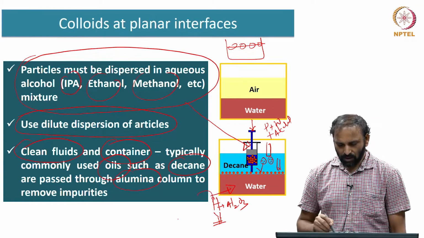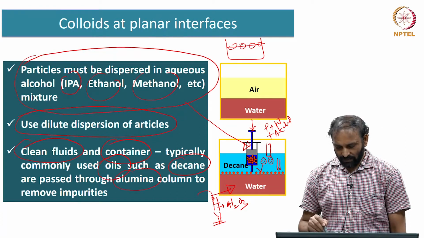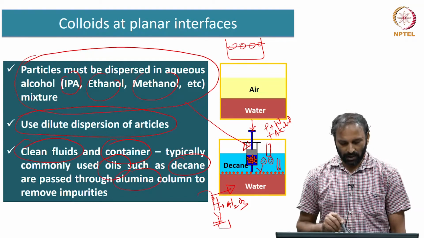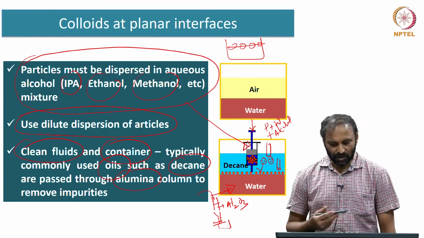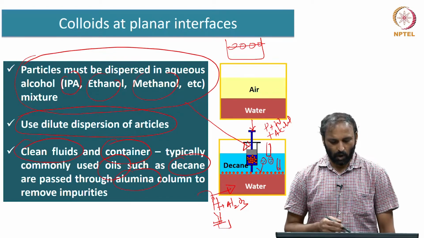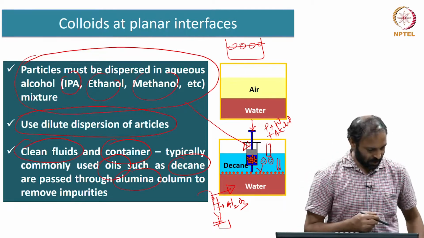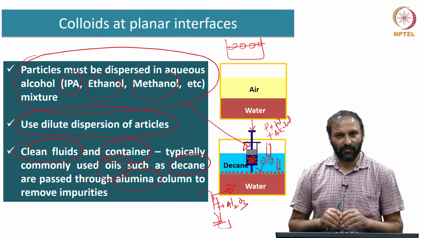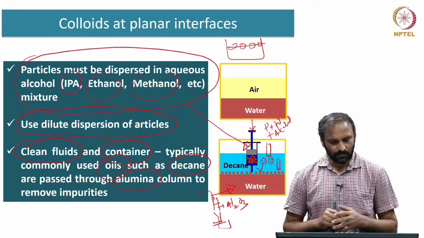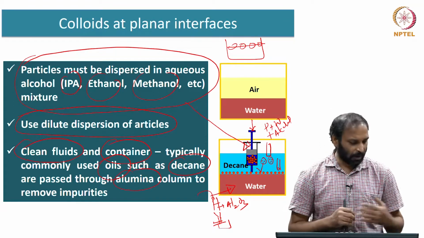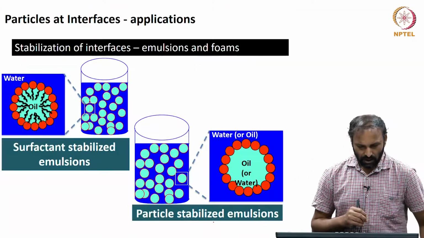You add a small amount of decane and let it pass through this column, then collect the clean decane at the bottom, and you can use such treated oil for further experiments. So, these are a couple of different ways by which one could create interfaces with particles, or particle laden interfaces.